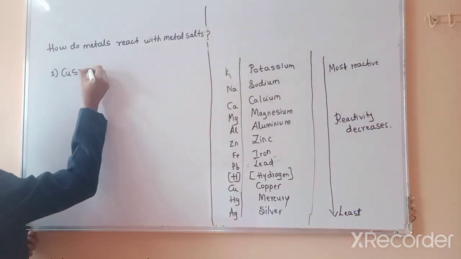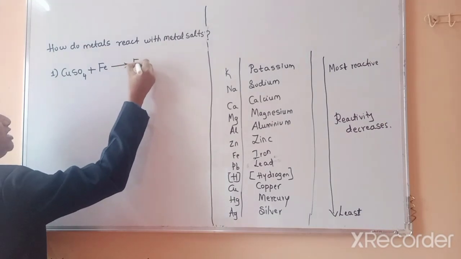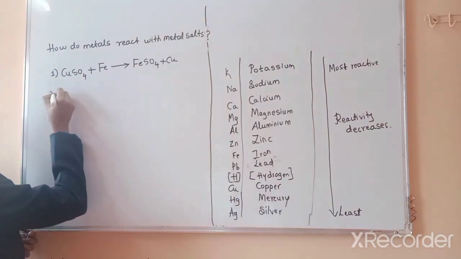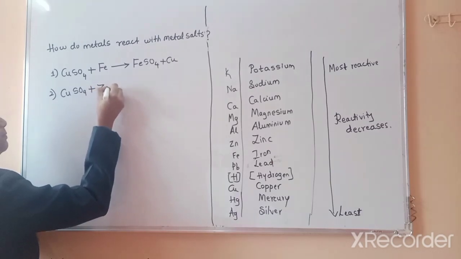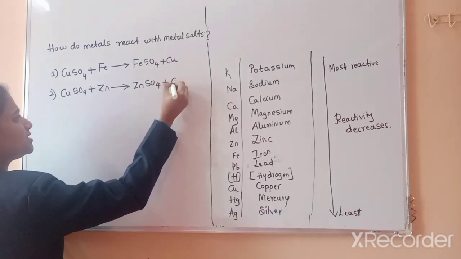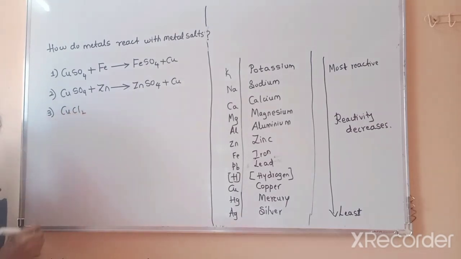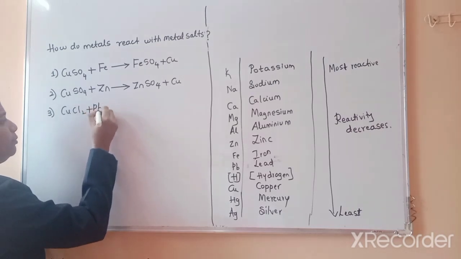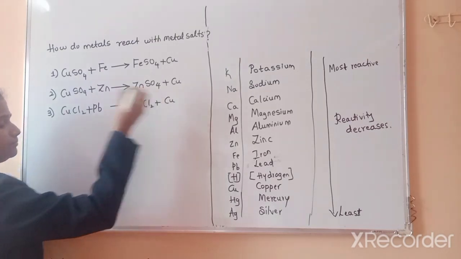When an iron nail is dipped in a copper sulphate solution, we got ferrous sulphate and copper. Similarly, when zinc granules are dipped in a copper sulphate solution, we got zinc sulphate plus copper. Then when lead had been put in a copper chloride solution, we got lead chloride along with the copper.